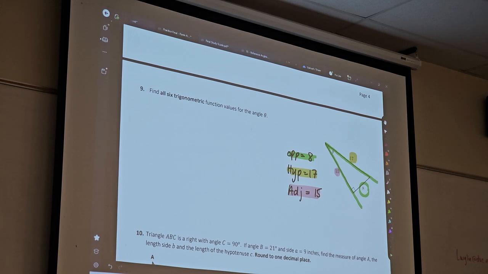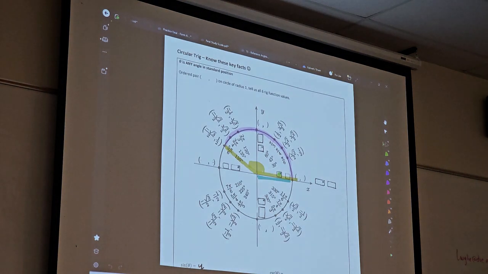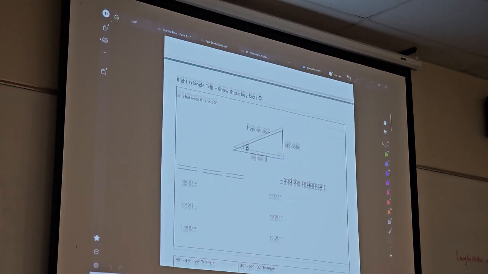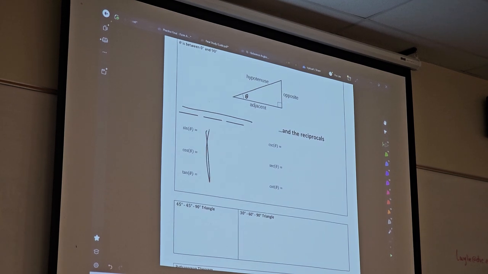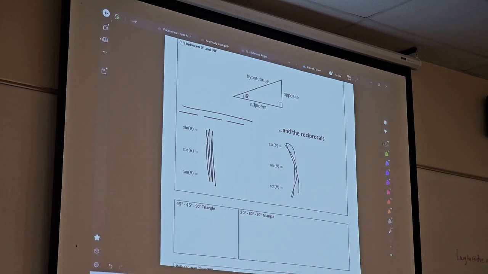And then I write down SOHCAHTOA. But you did it already, you asked for one of these, right? You wrote SOHCAHTOA and you wrote the definitions and you got the reciprocals for free.